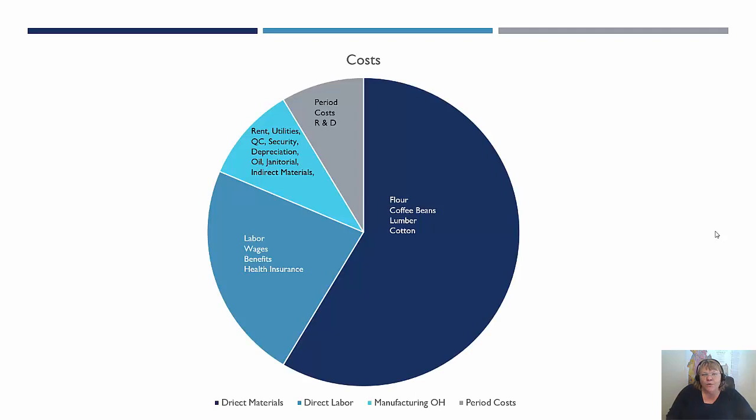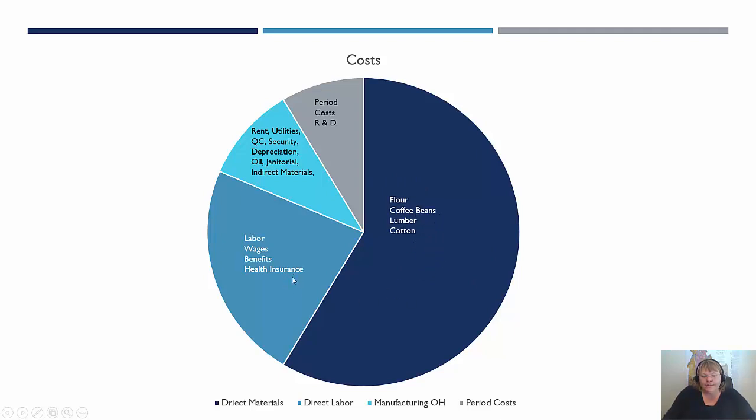So here we have a chart of costs, and the big dark blue here is your direct materials. This is pretty much for any item, because I did not specifically use an example. I just direct materials are flour, coffee beans, lumber, cotton, whatever a direct material would be.